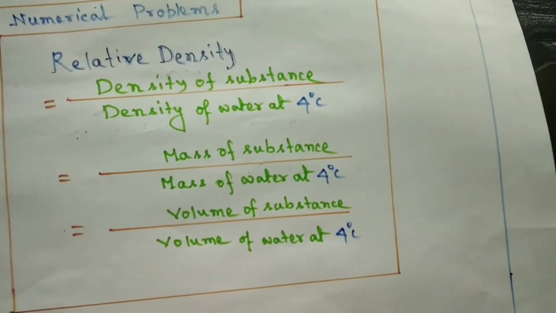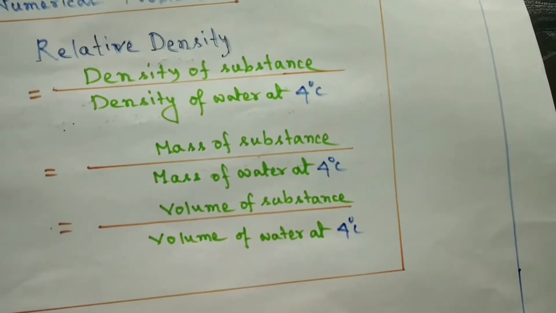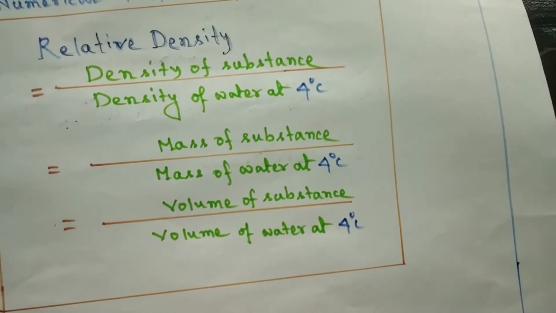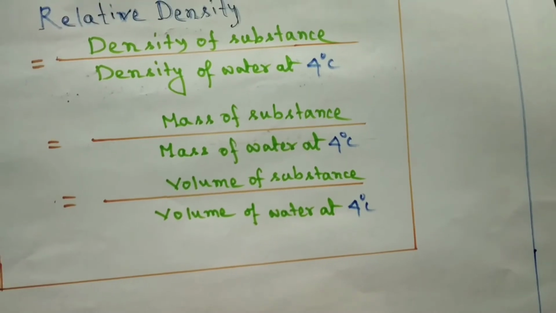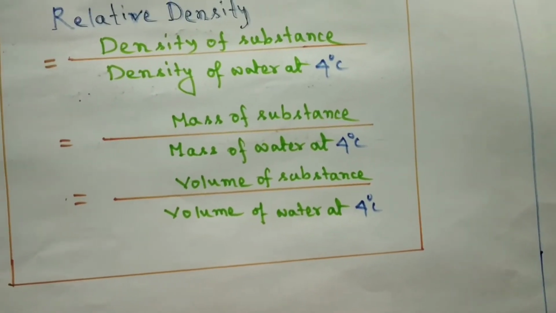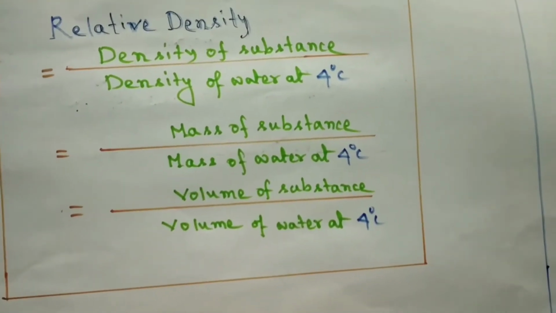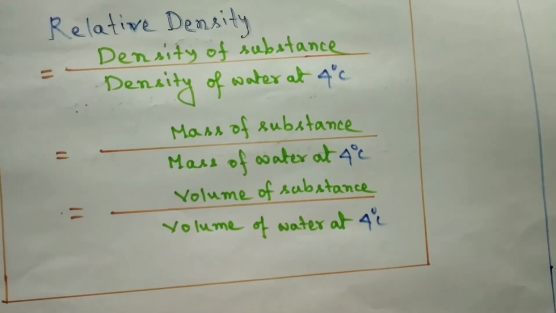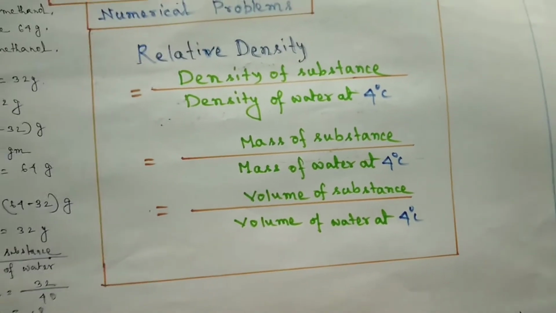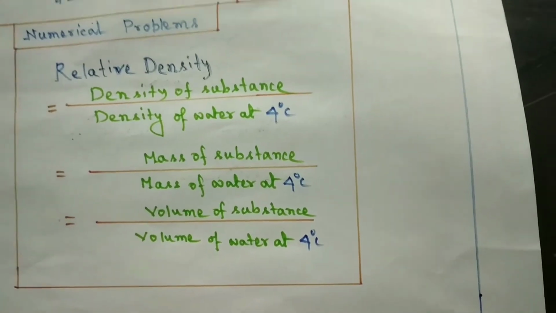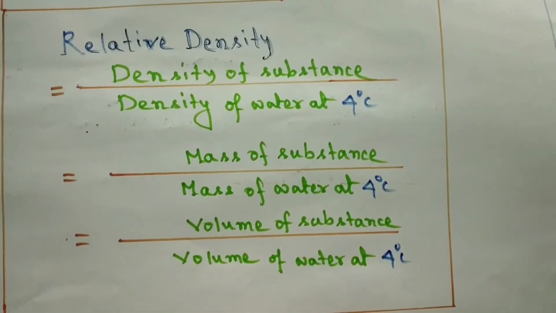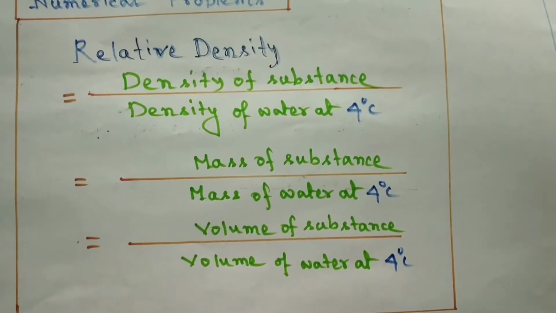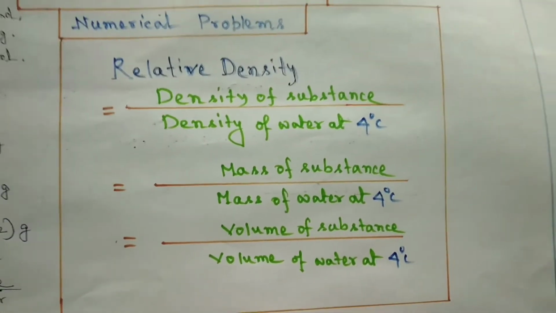But it can be written as mass of substance by mass of water at 4 degrees centigrade, or volume of substance by volume of water at 4 degrees centigrade. Three formulas are same, but they are written in three different forms. So this is the basic formula to solve the numerical problems of this chapter. Now I will go to the first example.